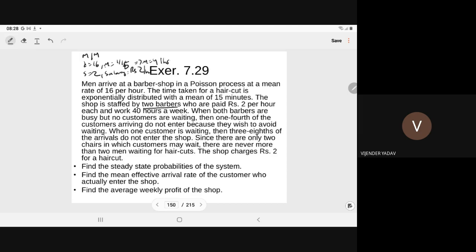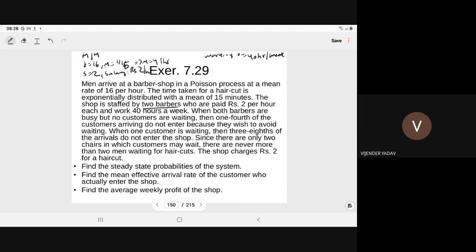So the salary is rupees 2 per hour, and the working time is given as 40 hours per week.